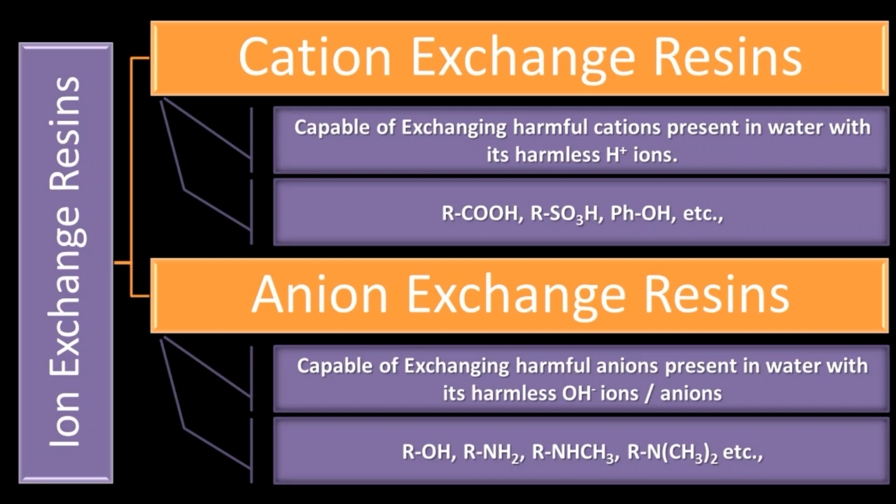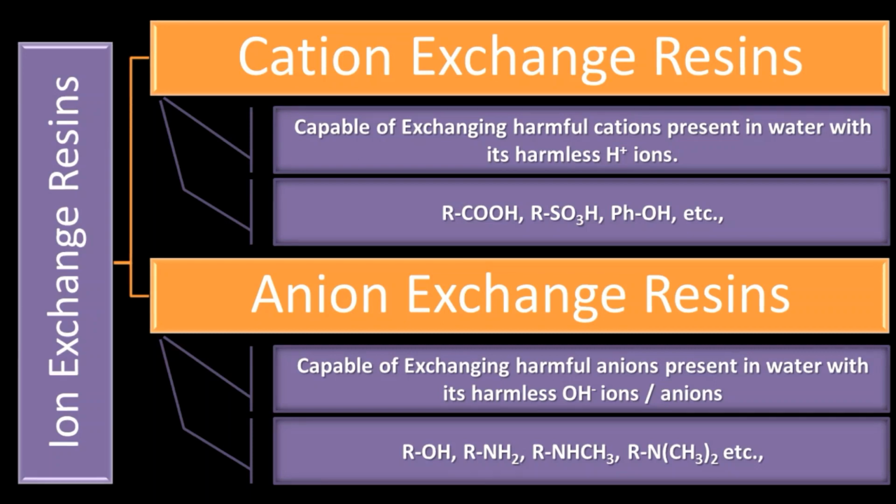And anion exchange resins are resins which are capable of exchanging harmful anions present in water, which means that they give OH minus ions to the water and take up all other anions present in water, for example Cl minus, SO4 2 minus, HCO3 minus.